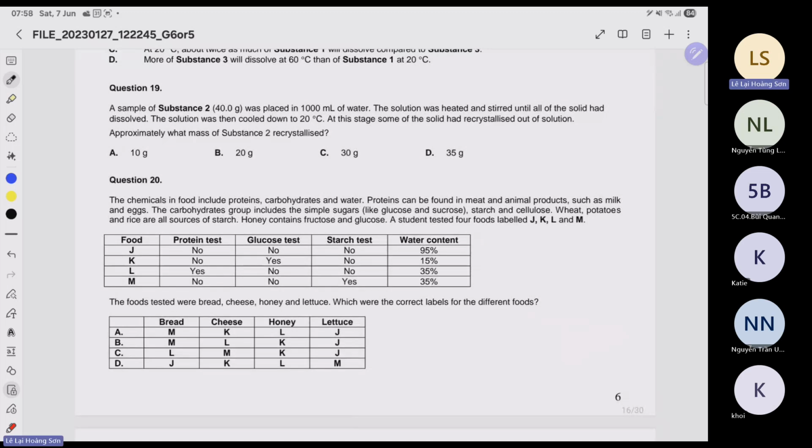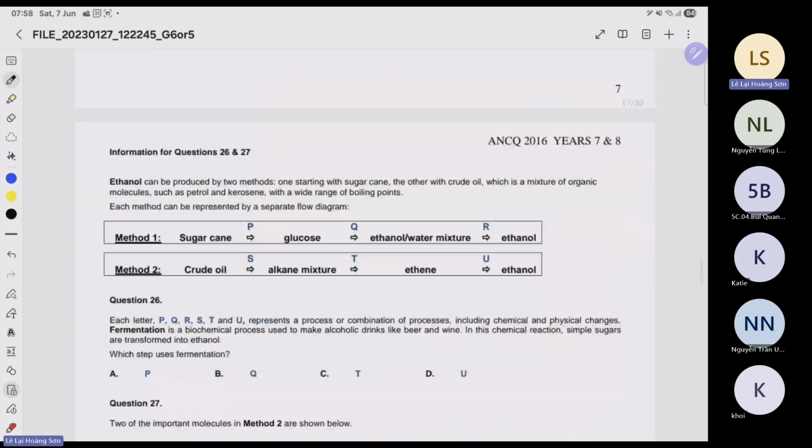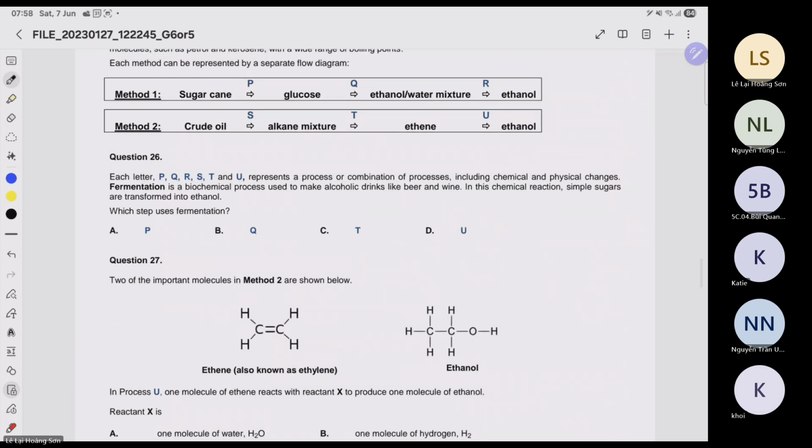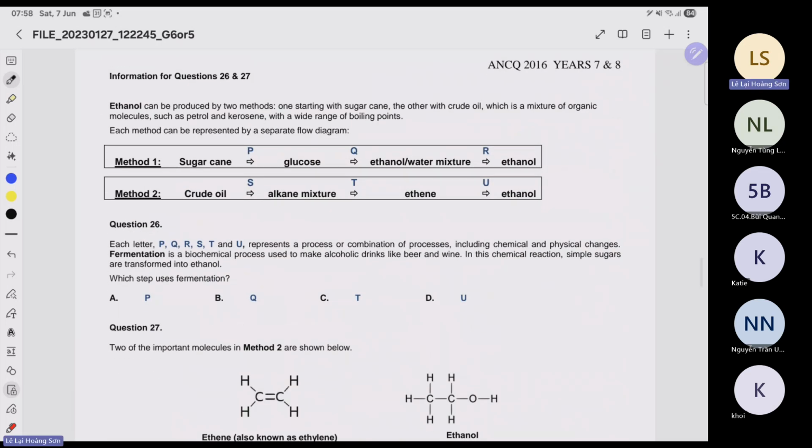26, 28, and 30. 26. All right, we have this process. Let QRSTU represent the processes, a combination including chemical and physical changes. Fermentation is a biochemical process which makes alcoholic drinks. In this chemical reaction, simple sugars are transformed into ethanol.